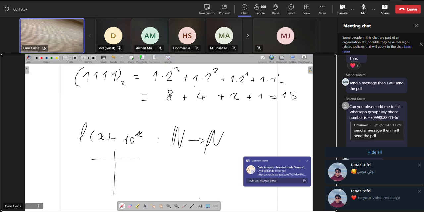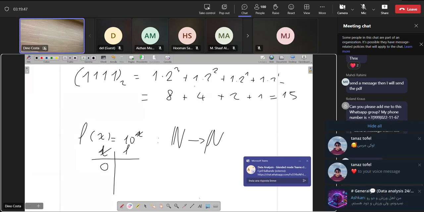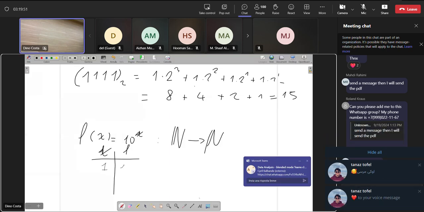The table is easy. Here we have x, and here we have the function. 1 gives 10, 2 gives 100, 3 gives 1000.